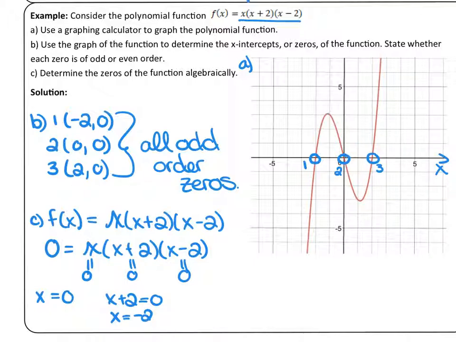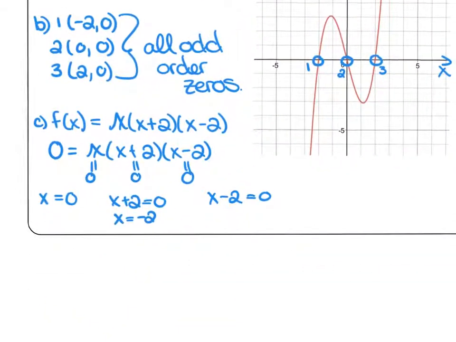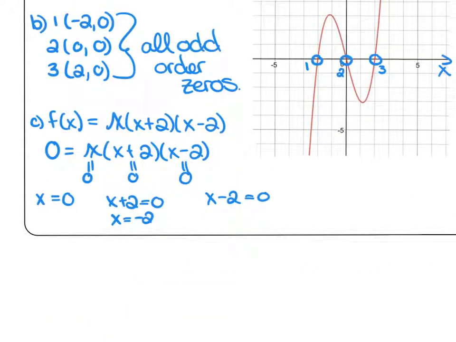So we got x equals -2. And the last one, x minus 2 equals 0. What does it have to be to make the whole thing 0? Well, x would have to be +2. One thing you might notice is that we have x-intercepts at 0, -2, and +2, which is exactly what we have up here.